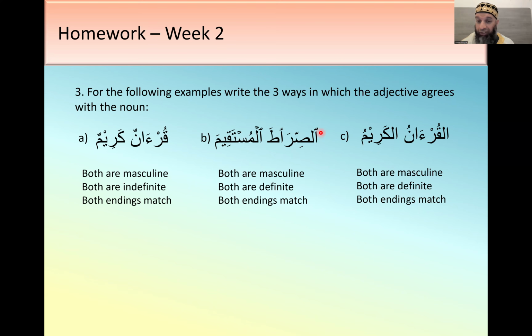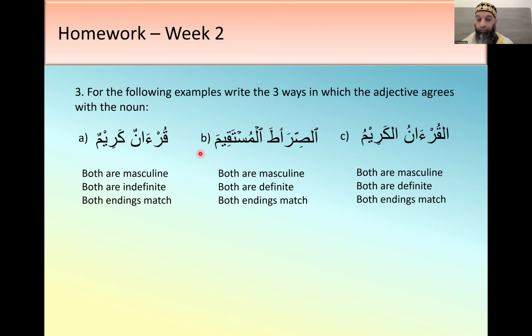Both are definite. They're both beginning with al. Okay. And again, the last one, as-sirata, is ending in a fatha, a zabr, and its description is also ending in fatha, a zabr.